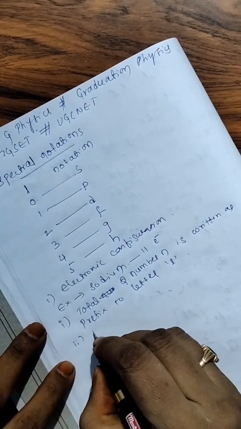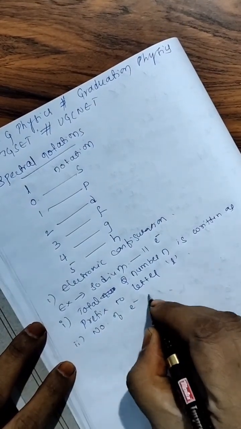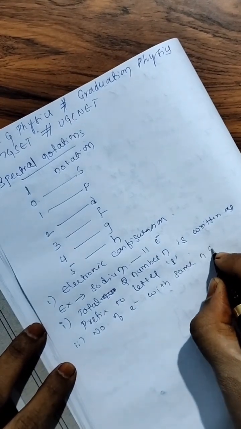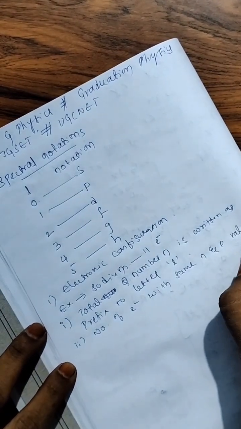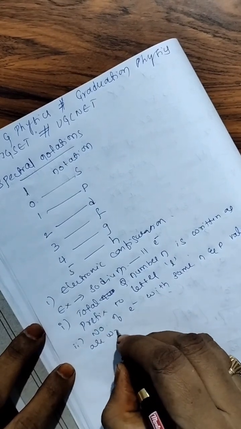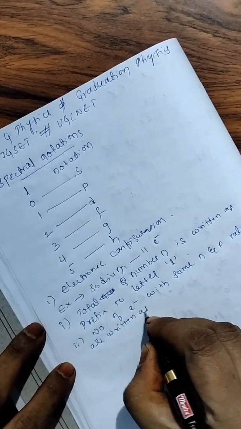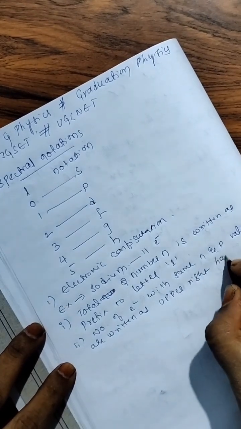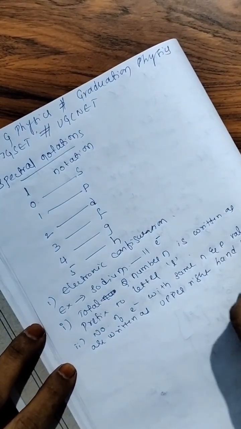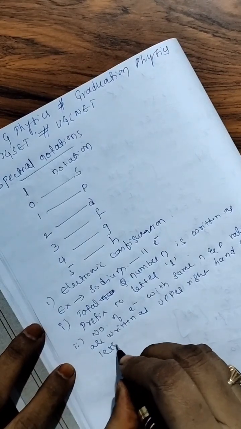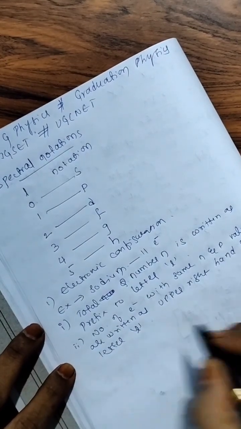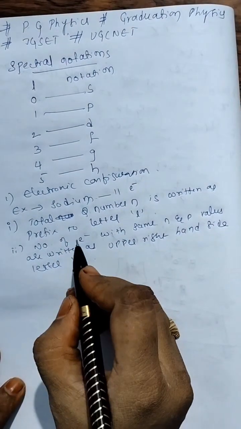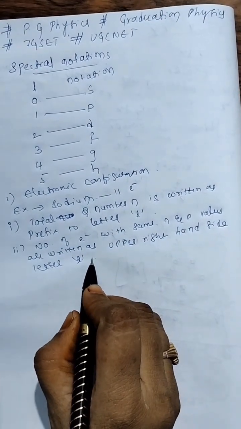The second: the number of electrons with the same n and L values is written at the upper right hand side of the letter representing the L value.